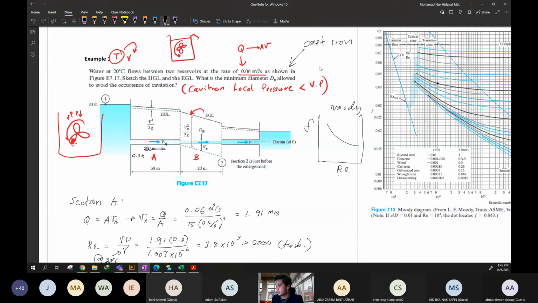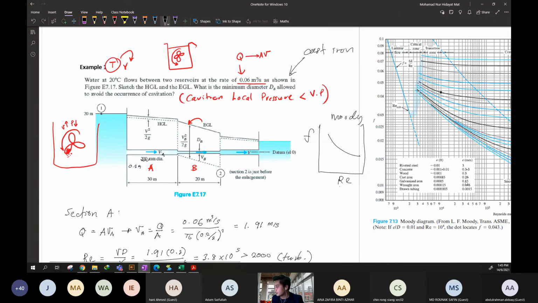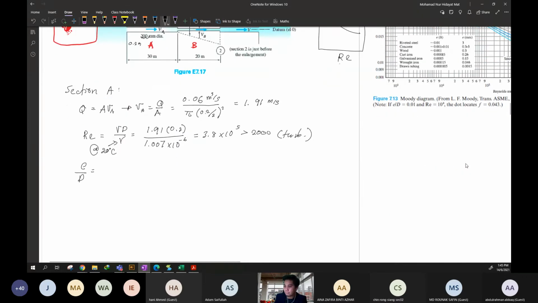Cast iron is quite cheap and long lasting, so E is 0.26 mm. Over the diameter, which should be in mm as well, 200 mm. Make sure the units are consistent. So you'll find it is 0.0013.